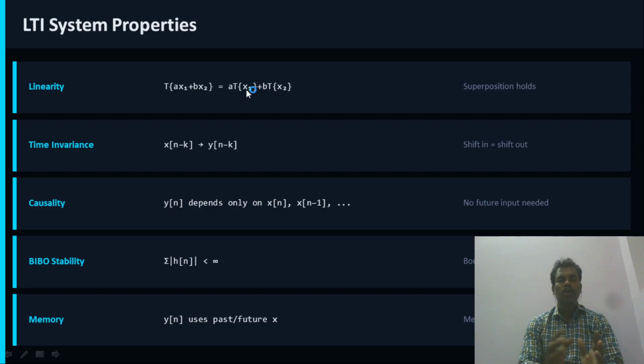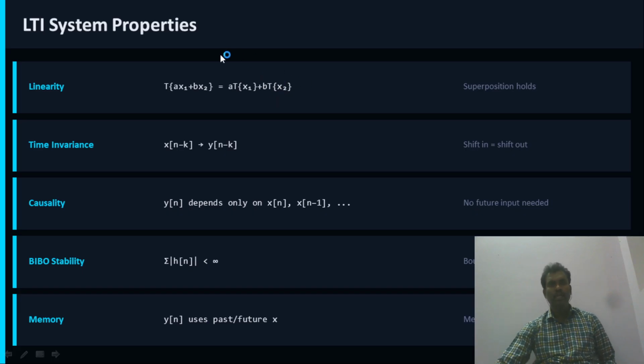Together, a x1 plus b x2 is a combination of additivity as well as homogeneity. So if you give a mixture of two signals, each multiplied by a constant, the response should also be multiplied by those constants and be the addition of the two responses.